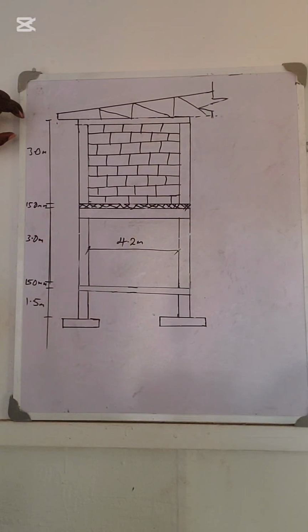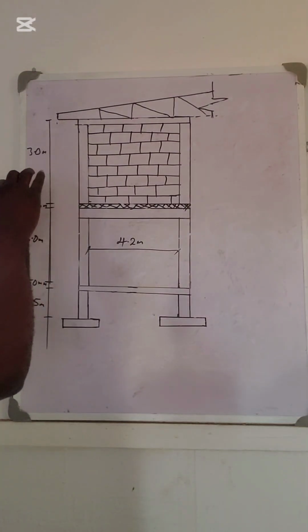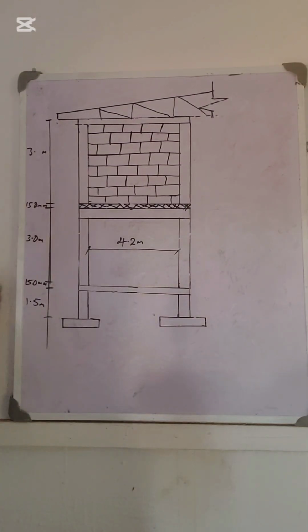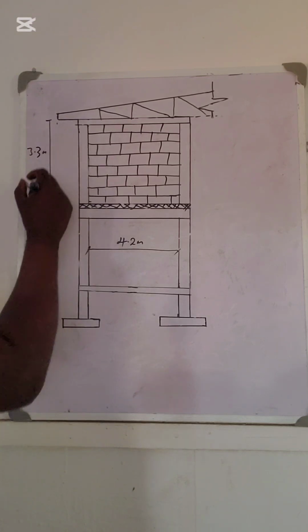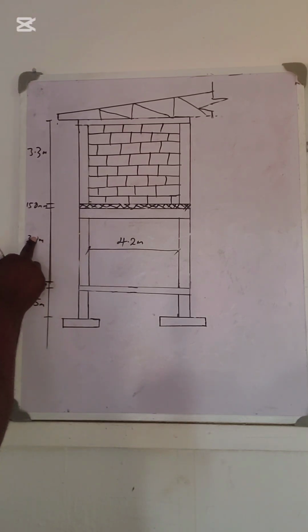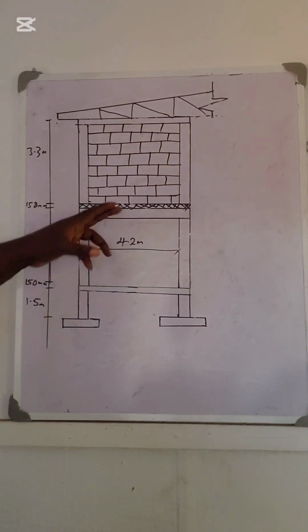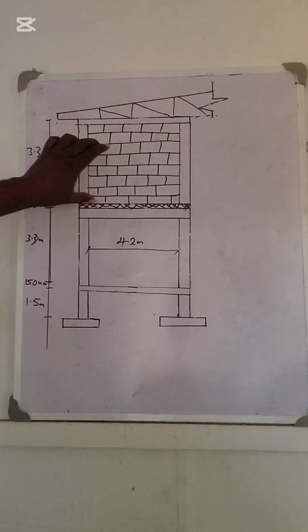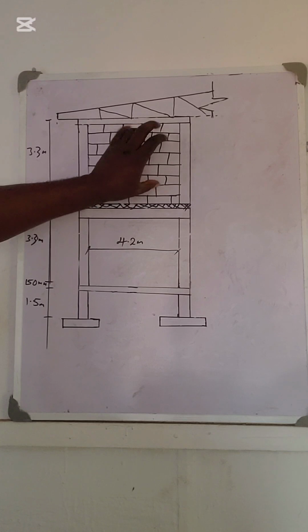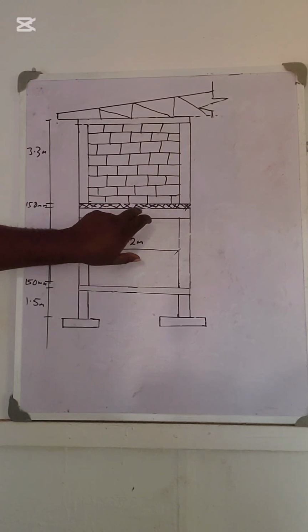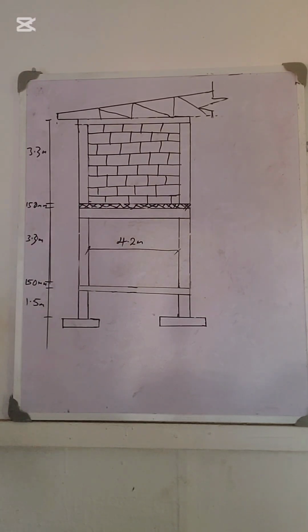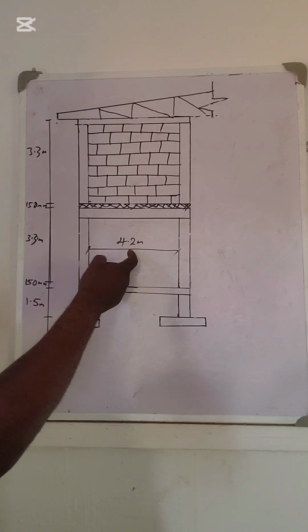Now, how do you calculate the wall load? You have been given the height of the wall to be 3 meters. Remember we'll be making use of 3.3 because of the headroom. So the height of our room is 3.3. How are you now going to calculate the wall load, the slab load, and the beam load?